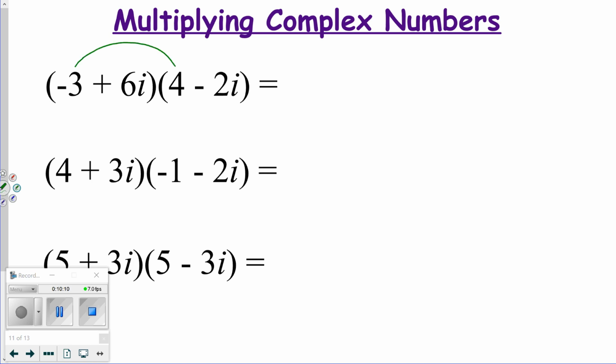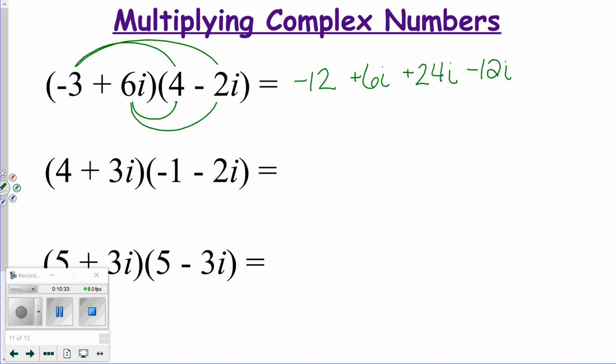So negative 3 times 4 is negative 12. Negative 3 times negative 2i is a positive 6i. And then we distribute the 6i times 4 is 24i. And 6i times negative 2i is negative 12i squared. Remember, i times i is i squared. So I need to clean up my answer. I do see some like terms in the middle.